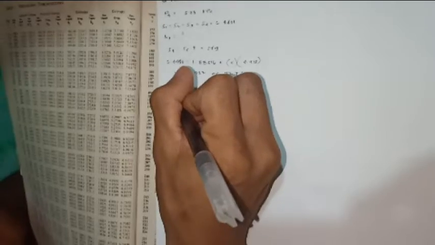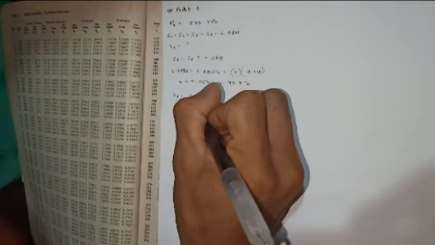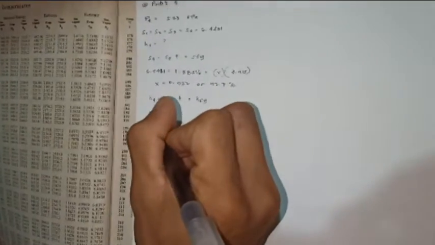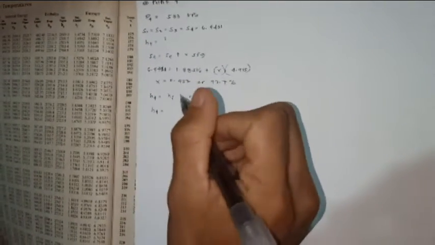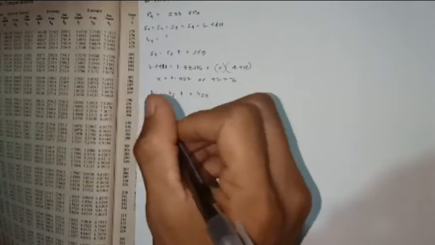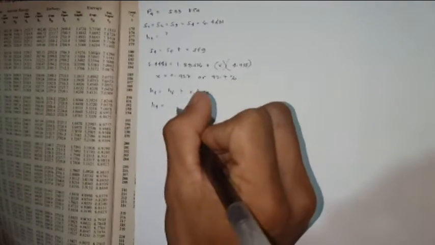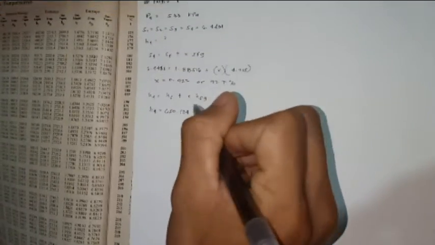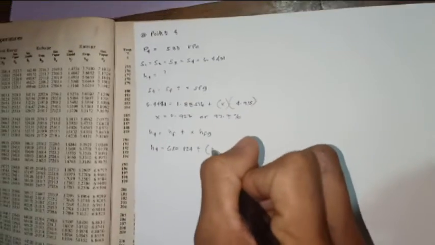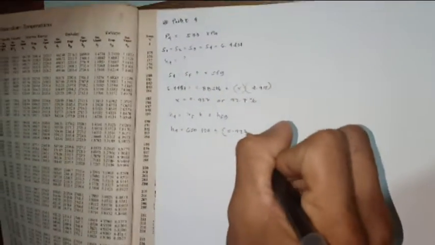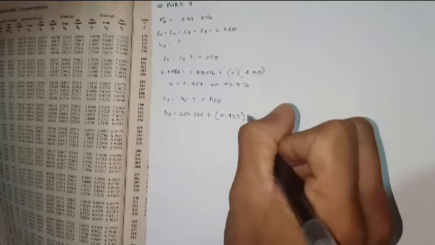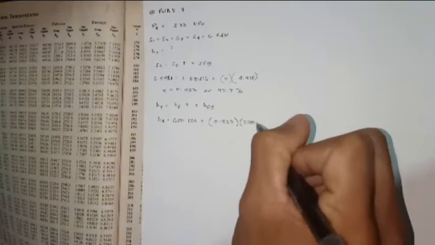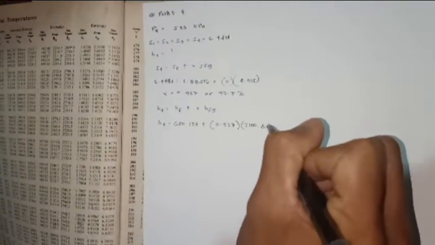To get the value of H4, we have the formula HF plus X times HFG. So H4 is equal to, since we have already the value of HF from the steam table, HF is equal to 650.124 plus the value of X, which is 0.927, times 2110.84.